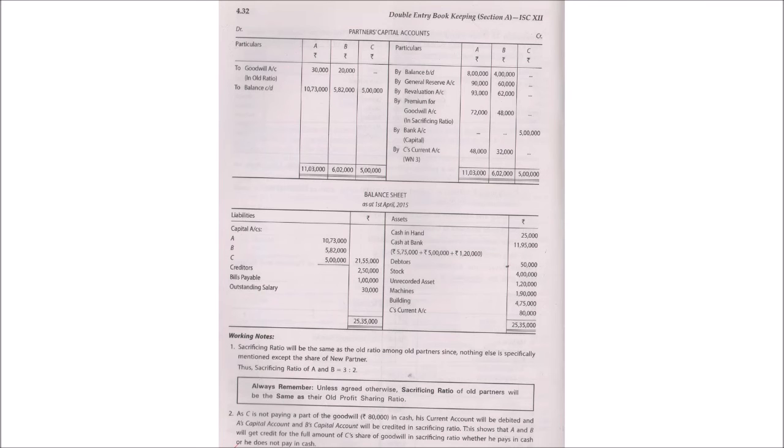And C's column, nothing is there to subtract. So you have to write 5 lakh as the balance for C. Now to balance carry down, A 10,73,000, B 5,82,000 and C 5 lakh. These are the amounts we are writing there in the new balance sheet as capital.